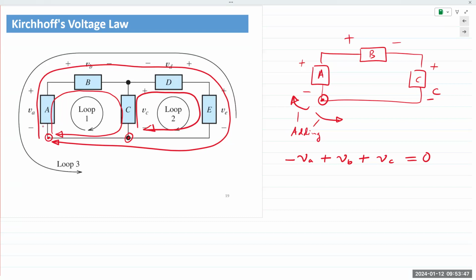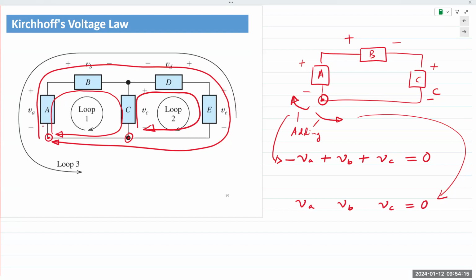Okay. This is for clockwise, and this is for counterclockwise. If I go counterclockwise from the bottom left, the first voltage I encounter is C. So again, let me write down 3 voltages, VA, VB, and VC equal to 0. If I go counterclockwise, I'm entering the negative end of C first.